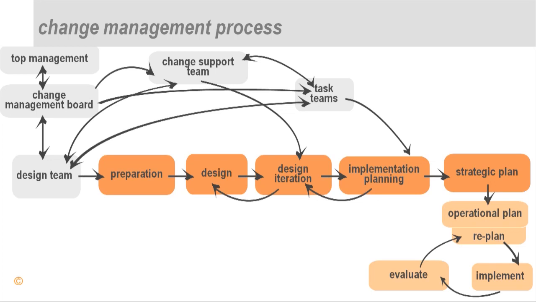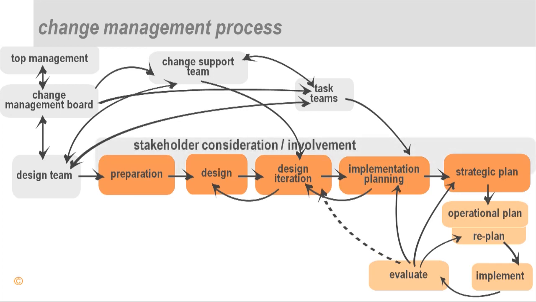If evaluation shows that the plans cannot be implemented, there may be a change in the strategic plan or even implementation plan. The stakeholders are involved throughout the phases of the change management process, either through consideration or direct involvement.